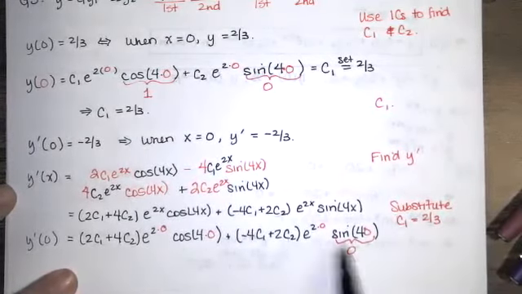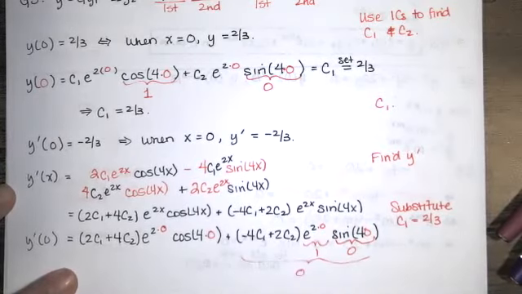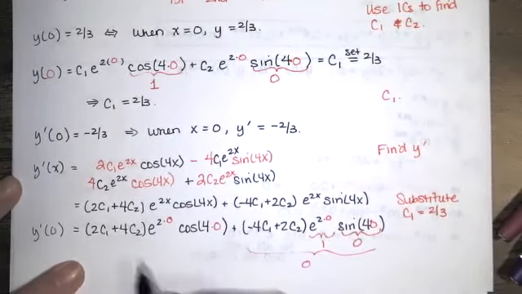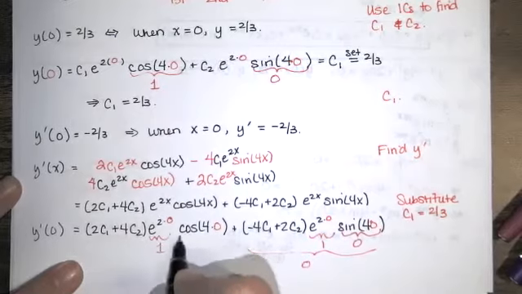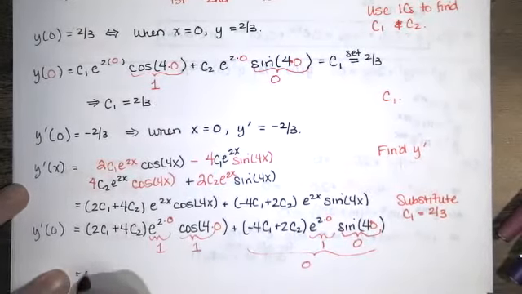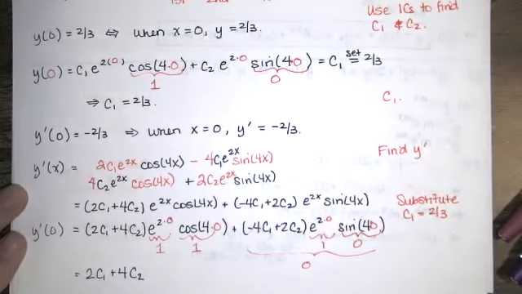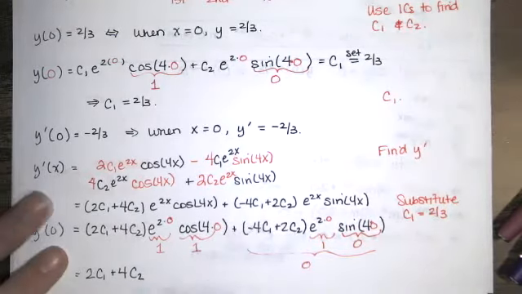So you've got 1 times 0 times something, which is, of course, 0 for everything when you multiply them all together. And e to the 0 is 1, cosine of 0 is 1. And so y prime of 0 simplifies to be 2C1 plus 4C2. That's just in general. And now we're going to set this equal to negative 2/3.